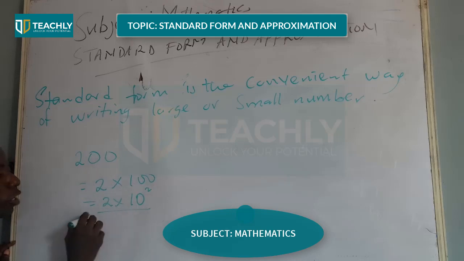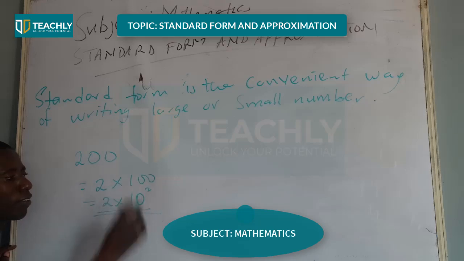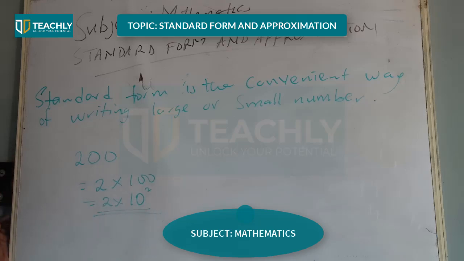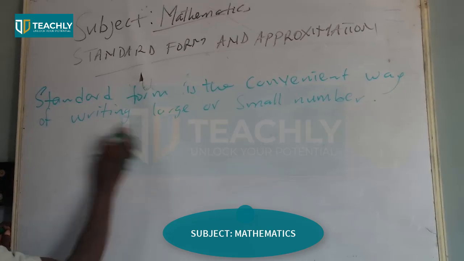So you are expressing a big number as a product with a power of base 10. Any number you express with a power of base 10 is referred to as standard form. We use it to simplify big or small numbers.